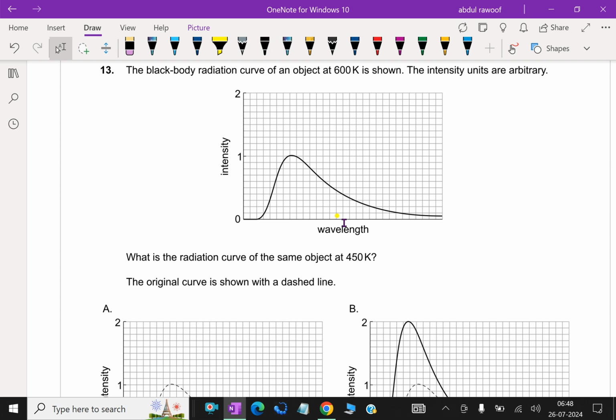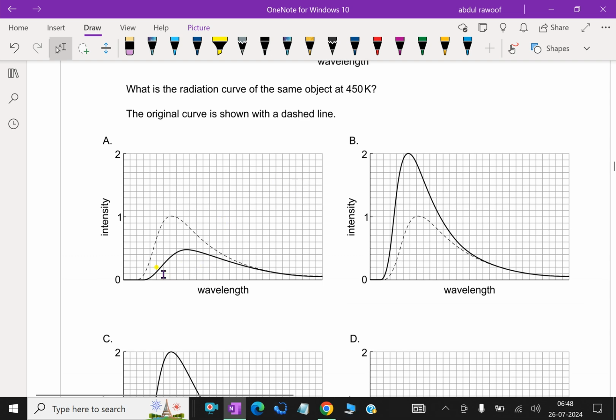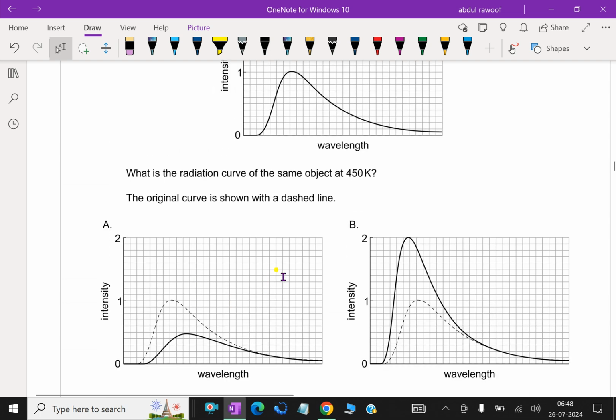Look at here, the intensity is reduced, mostly to near half. So this is option A.